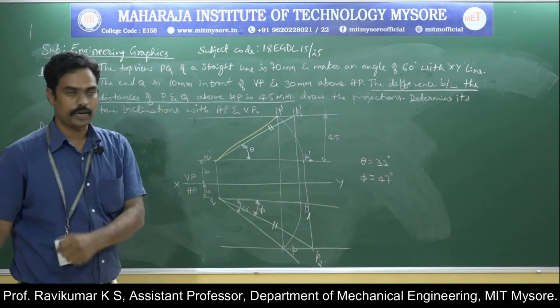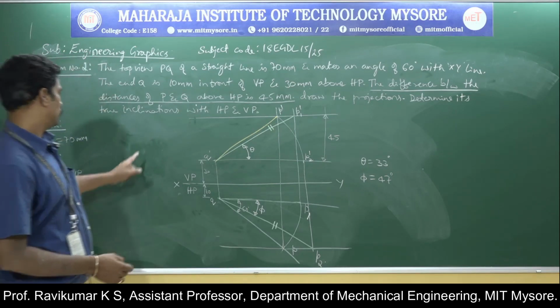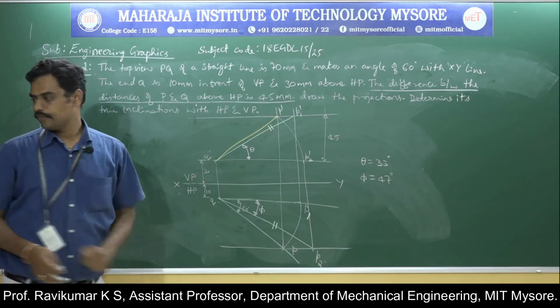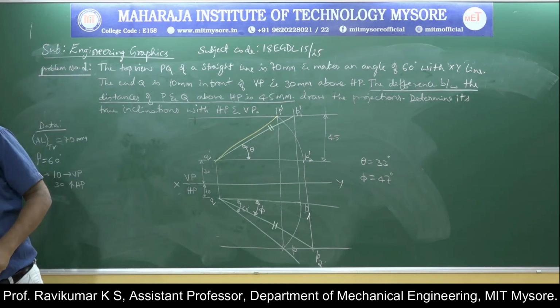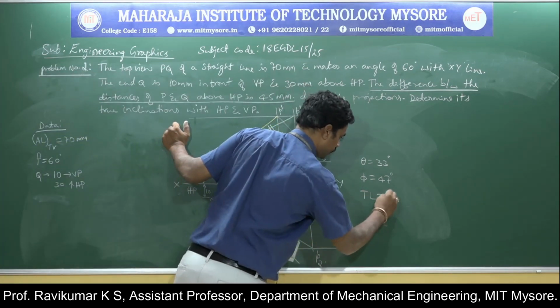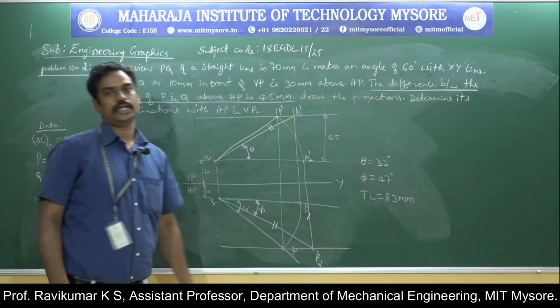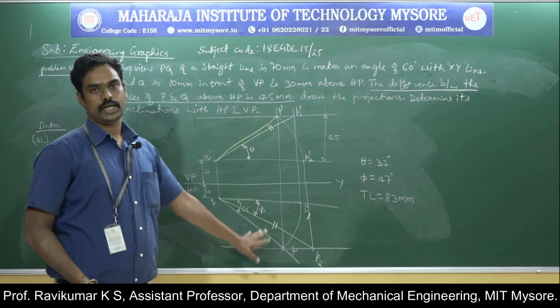This is the answer given in the primer solution book. If you want some more information, QP2 is equal to 83. The true length, you will get as 83 mm if you draw it to scale.